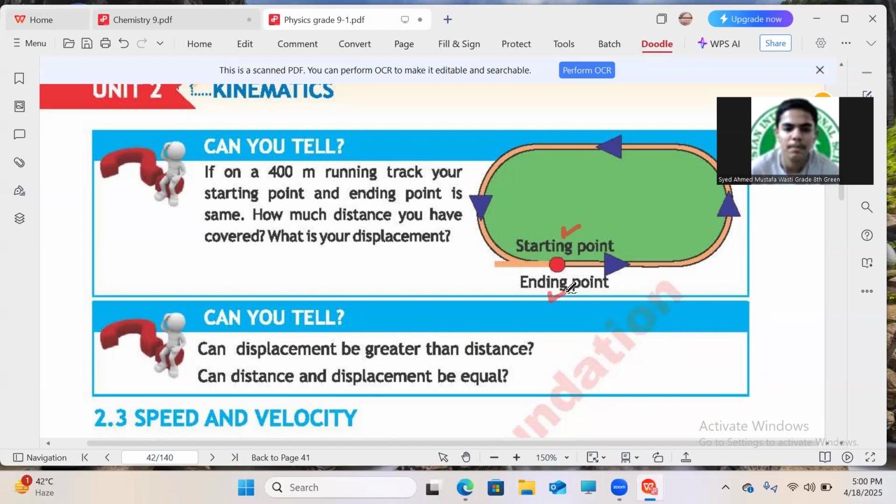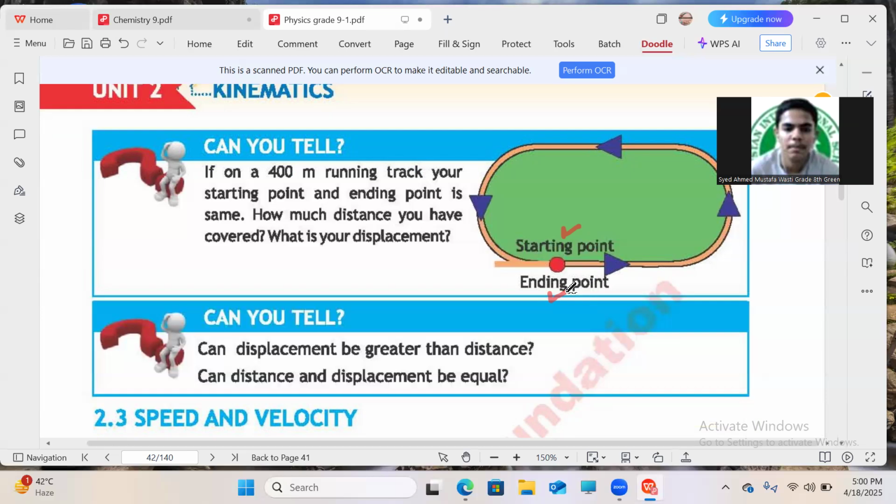The distance is 400 meters and the displacement is 0 meters. Very good. So that was the correct answer, that your distance is exactly 400 meters, but your displacement is 0. You also have to give some reason.